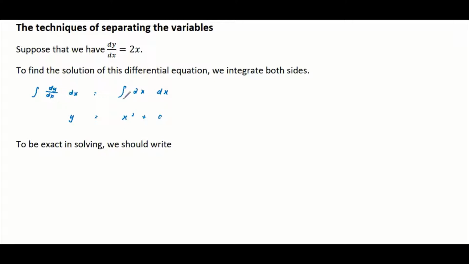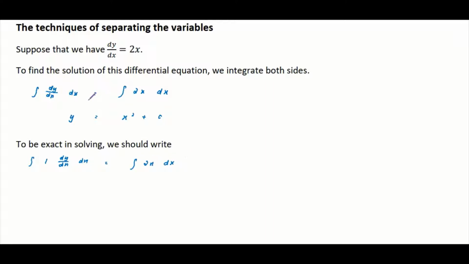The same thing, we will start with this term. We might need to assume that if there's nothing in between here, there's a 1. So I will write it as the integral of 1 dy/dx dx equal to the integral of 2x dx.